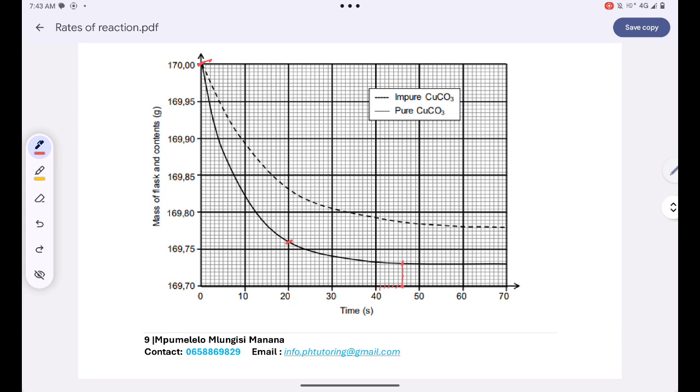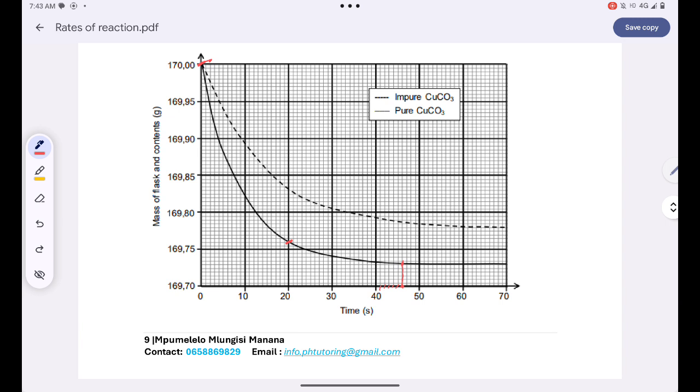The quantity can be the change in the number of moles over change in time, change in mass over change in time, change in concentration over the change in time, and the change in the volume of the gas formed all over the change in time. It's the change in quantity all over the change in time.